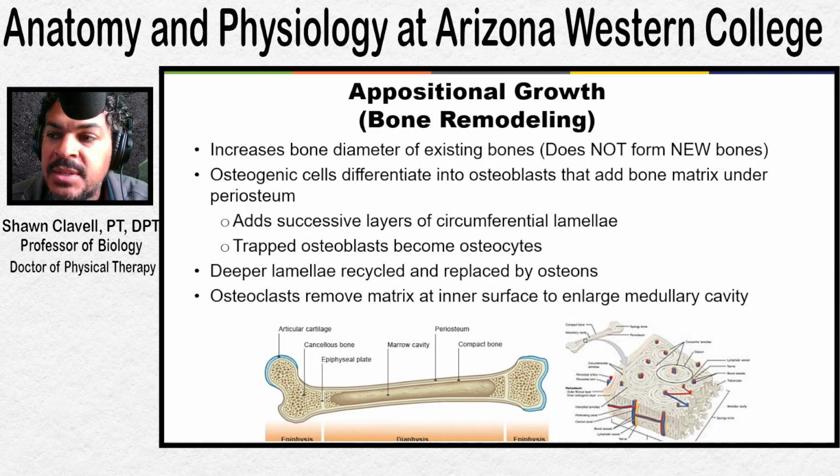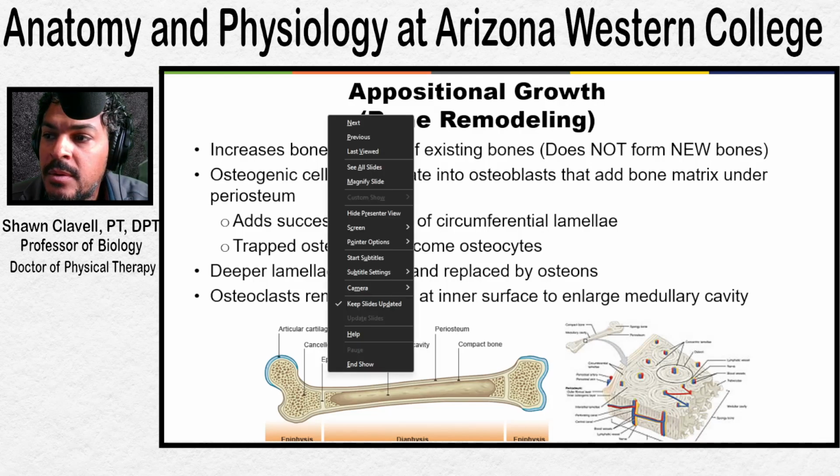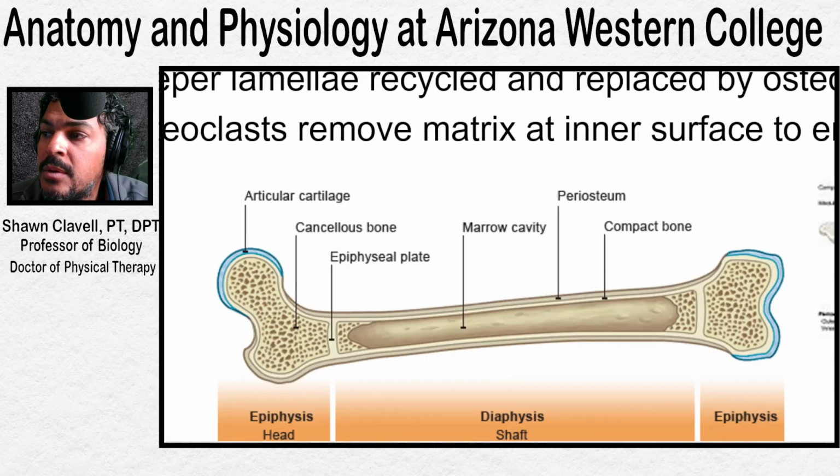You have two zones here. You have the region where bone grows on the endosteum, which grows the medullary cavity wider. And then there are cells underneath the periosteum, which grow the bone itself wider.